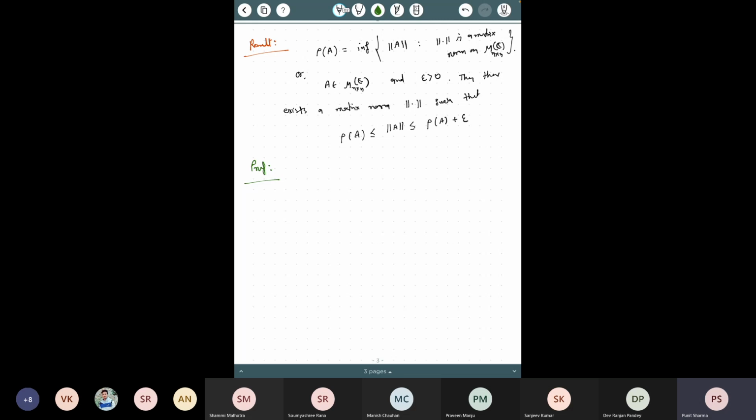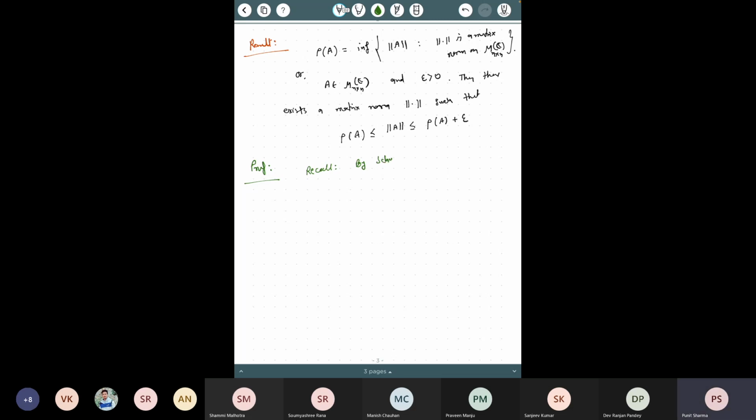You can do this for any given matrix A. There exists such a unitary matrix such that A can be upper triangularized, or you can say that every square complex matrix is unitary similar to an upper triangular matrix. This result I will require for this proof.